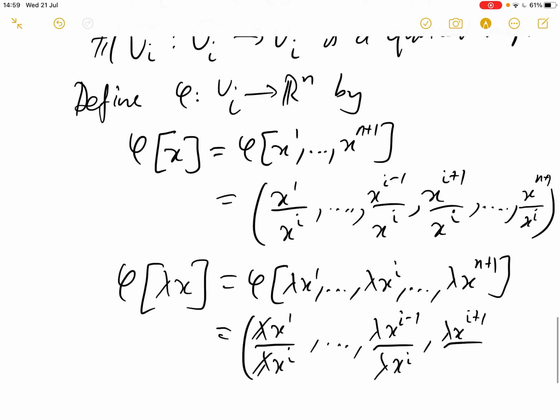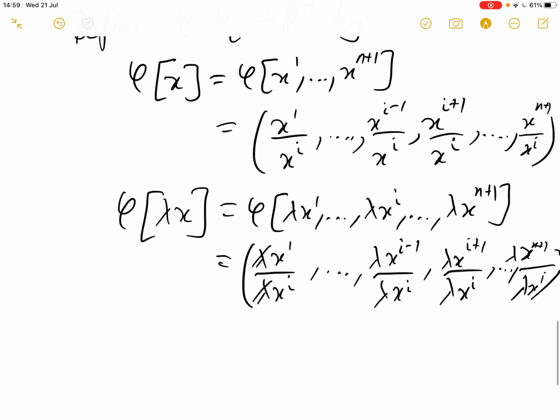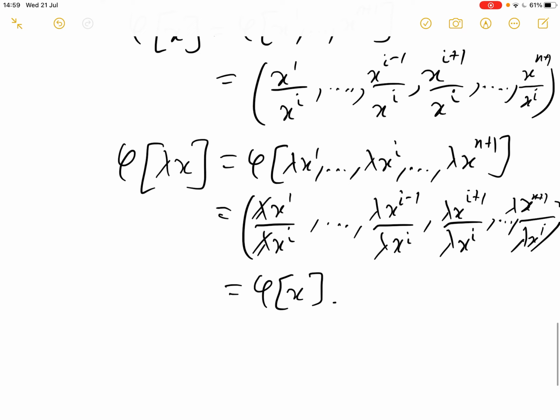In every term, lambda cancels out, and we really do get the same image. So this is the same as this. Therefore, this shows that phi is well defined.